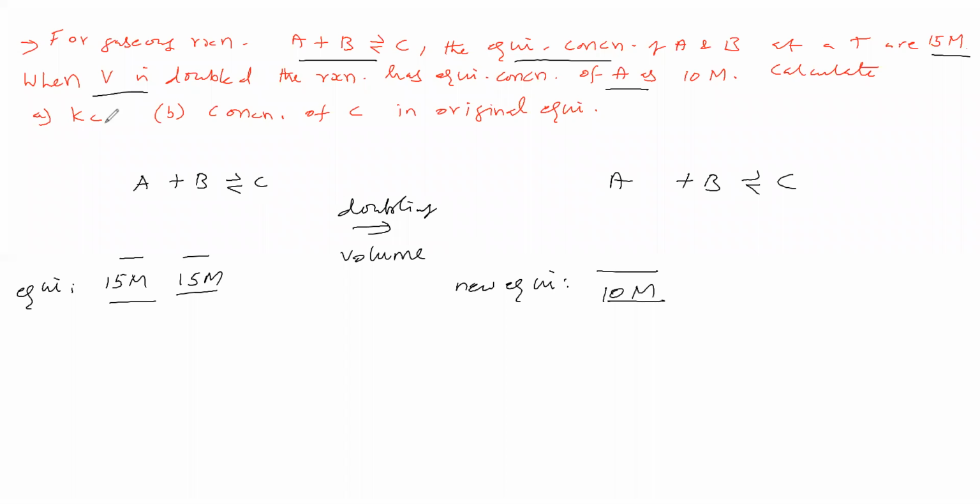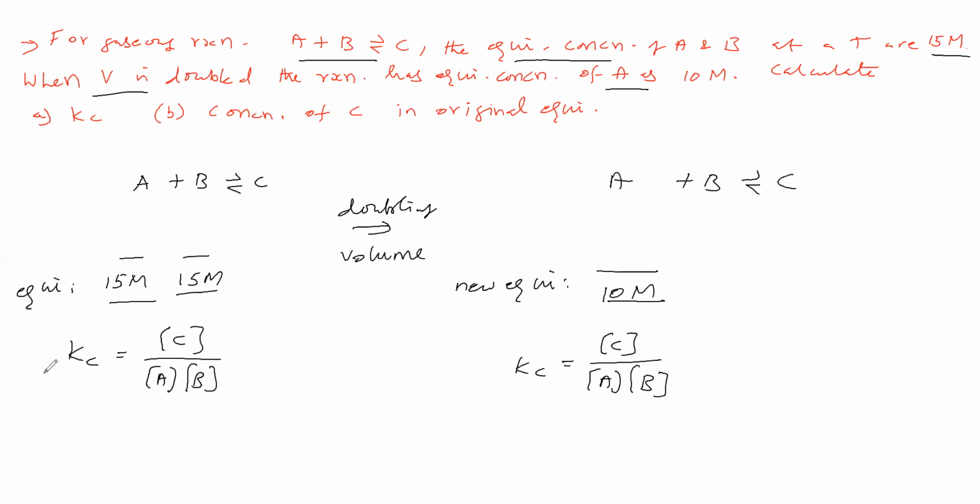Now we have to find Kc. Kc is equal to the concentration of C by the concentration of A into the concentration of B. Here also we take Kc, the same expression, for the new equilibrium and the old equilibrium.